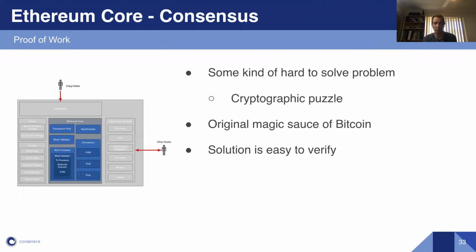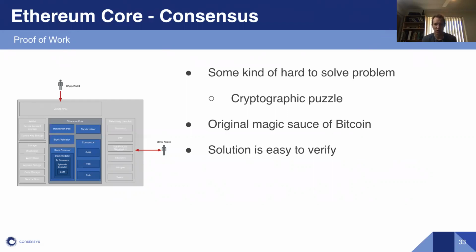So the proof of work algorithm talks about having some sort of hard to solve problem. The original proof of work, or the most well-known leader there, is the Bitcoin one, where it's generating a hash, finding the number to generate a hash that starts with a specified number of zeros at the beginning.